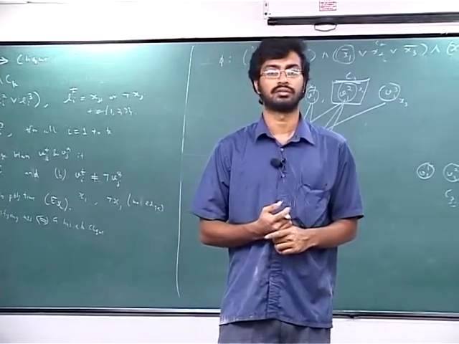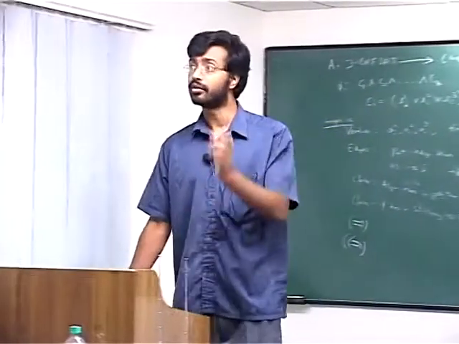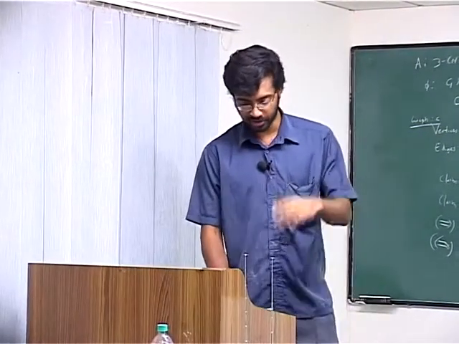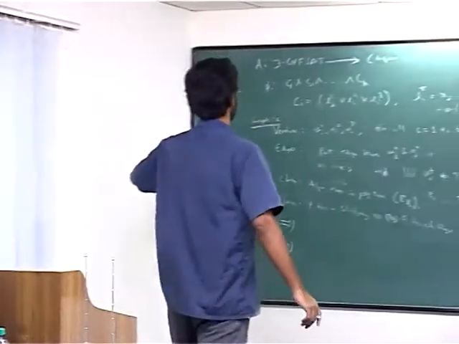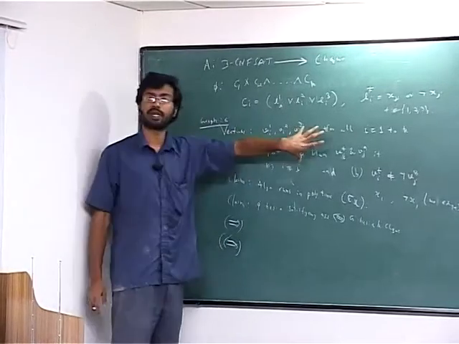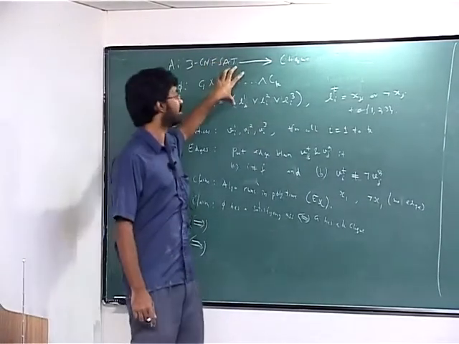It's clear. Okay. So now we'll wrap things up in another 15 minutes. What we have shown is a polynomial time algorithm which can convert from one problem, 3CNF SAT, to the clique problem.